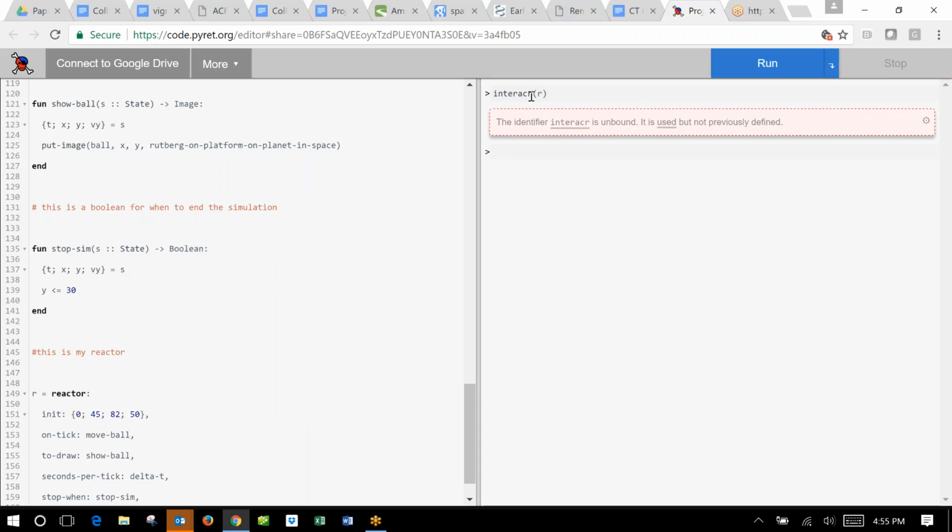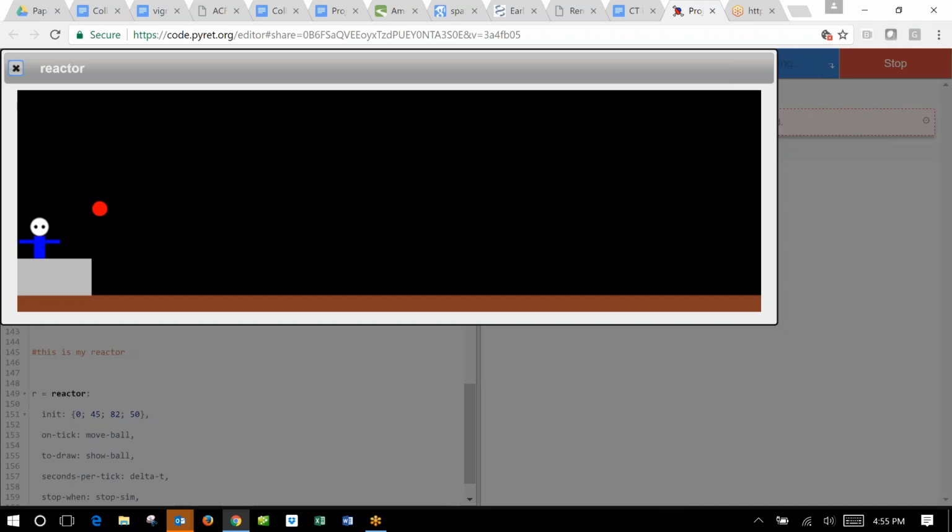Okay, check this out. Can you see what they're studying? It's a projectile.